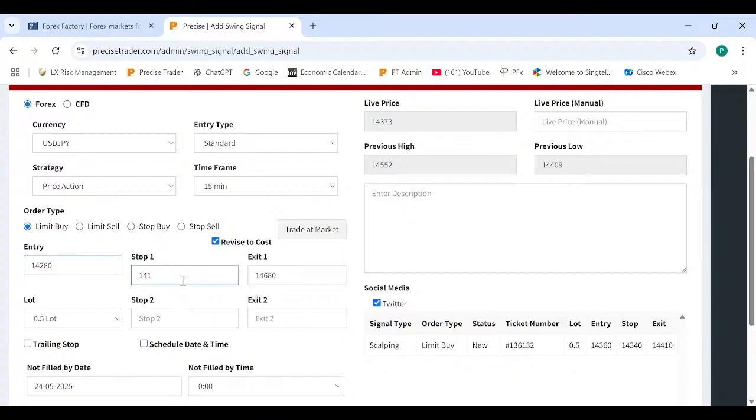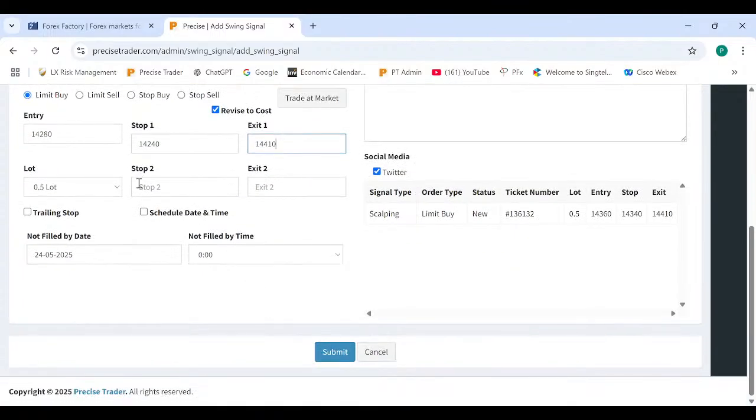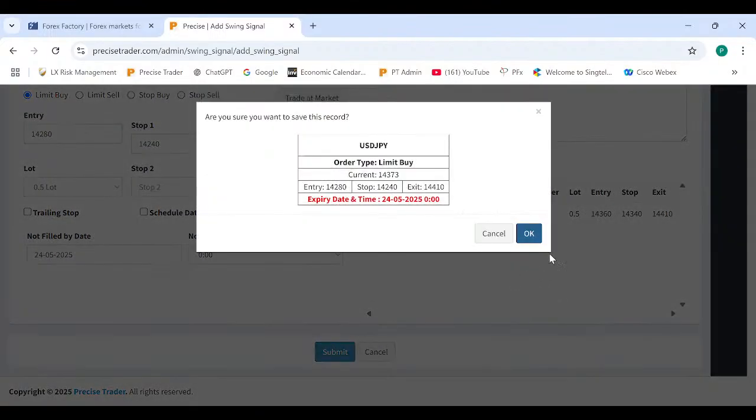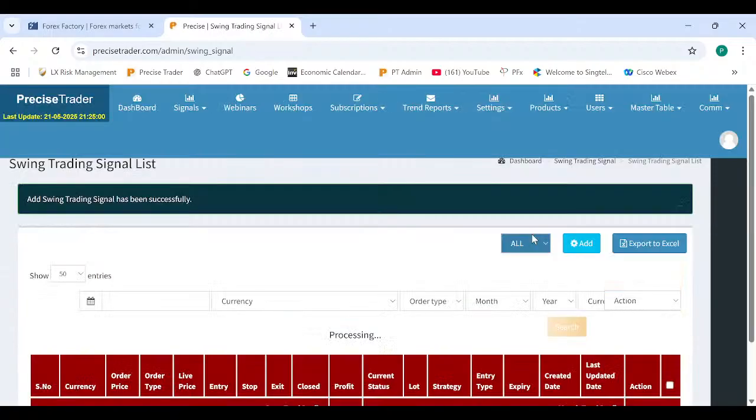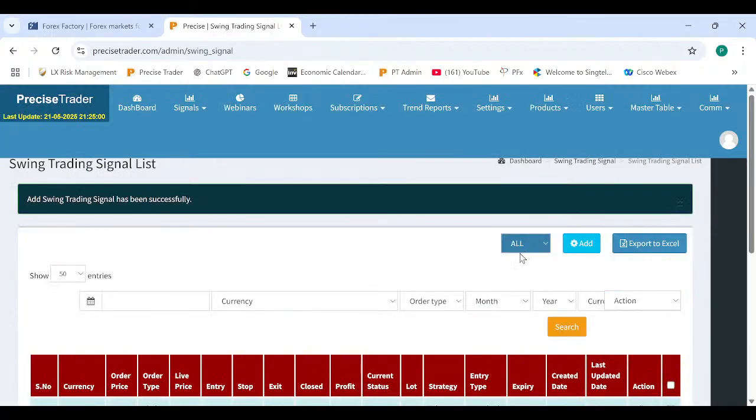Then we'll put a stop at 42.40. Then the TP we will put at 44.10 as of now. This is half lot, and the expiry is until Friday. Okay, let it work until Friday.